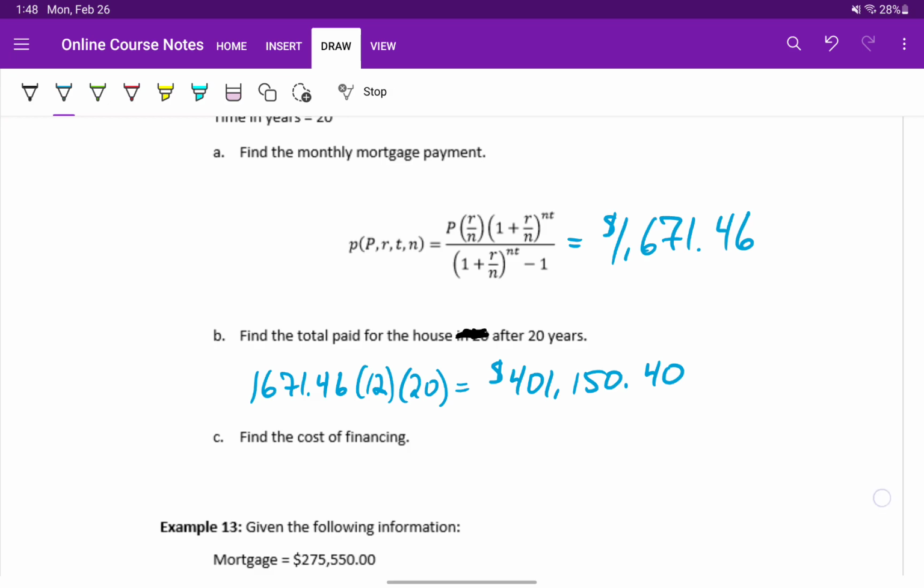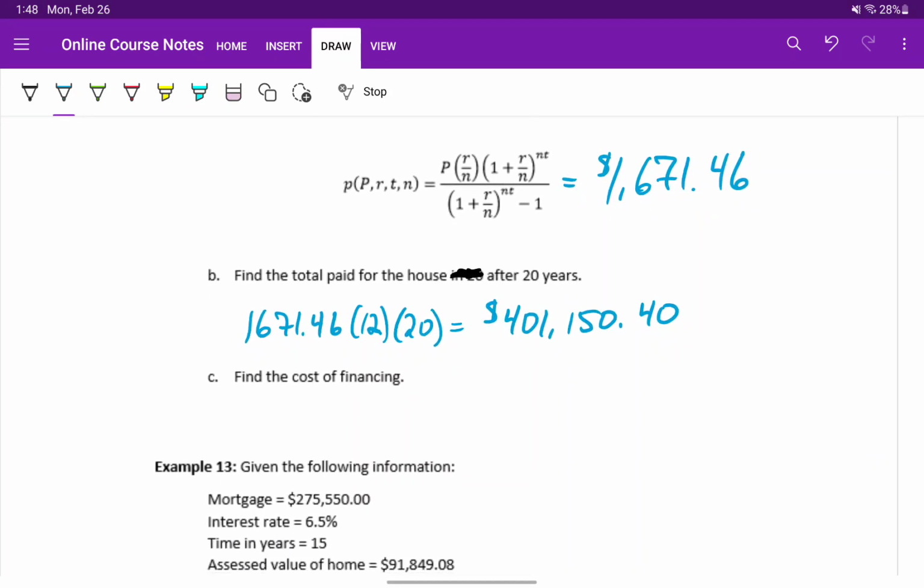In part C then, what we're looking at is the cost of financing. So exactly how much we paid to be able to purchase this house in the first place. To do that, we look at how much we paid.